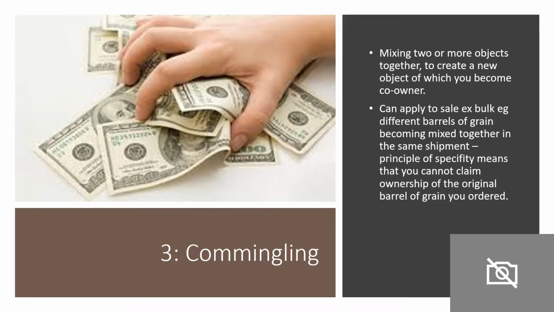The third means of acquiring ownership that I'm going to discuss is called commingling, and this one is maybe a bit more difficult than the others to understand. The definition I put down is mixing 2 or more objects together to create a new object of which you become co-owner. Normally this isn't really a good thing for you.